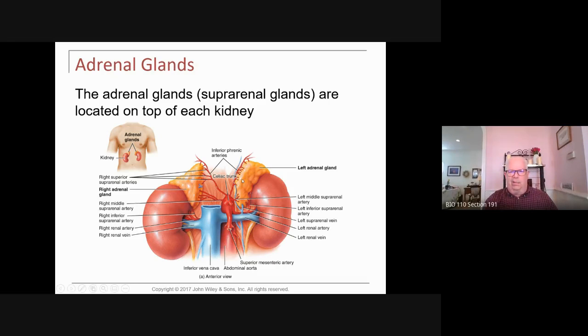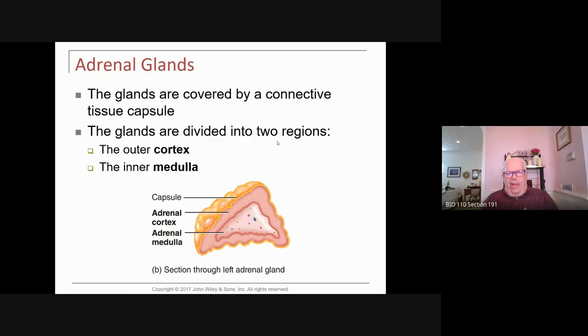Here they are. The right and the left adrenal gland. The glands are divided into two regions, the outer cortex and the inner medulla.